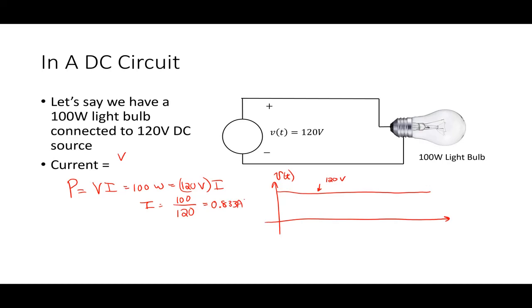The key thing here is I(t) is constant, V(t) is constant, and so the power, p(t), is also constant. DC circuits are pretty uninteresting in that regard.